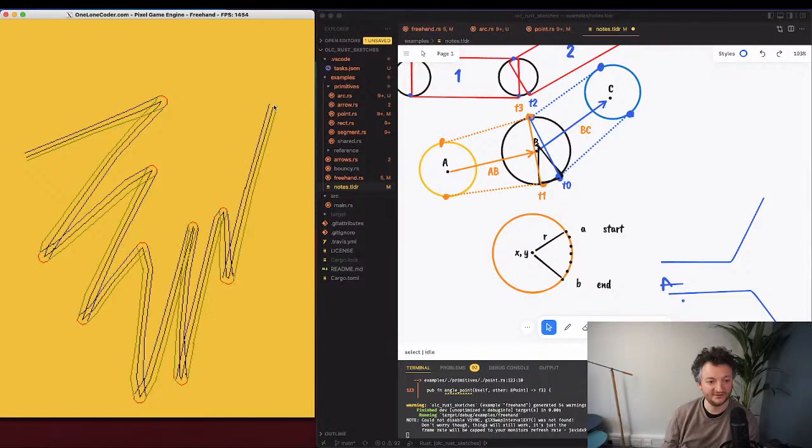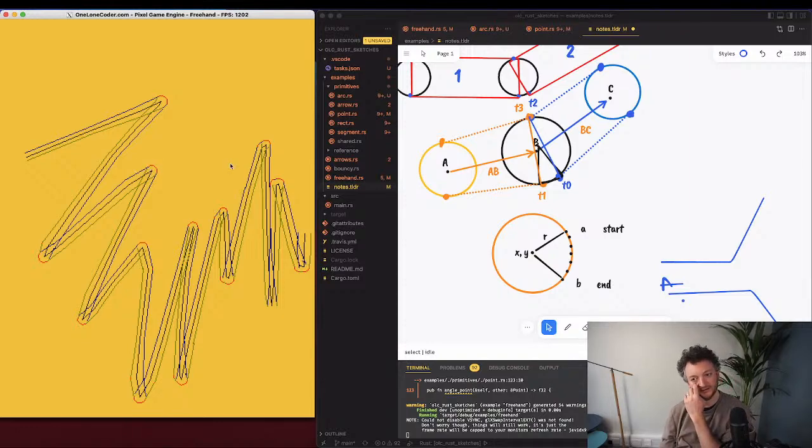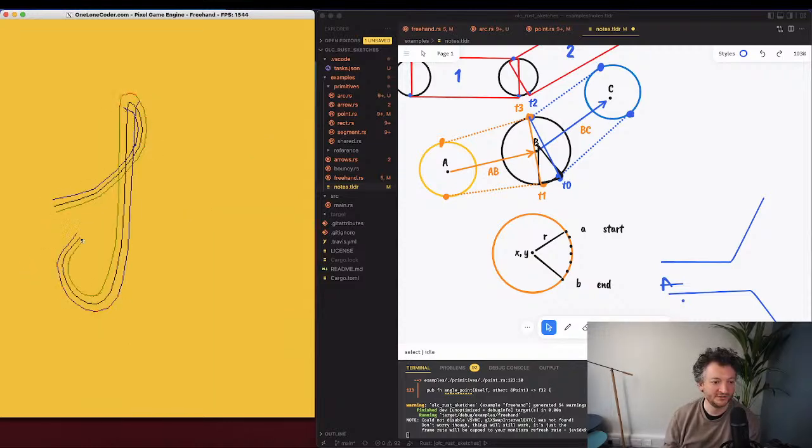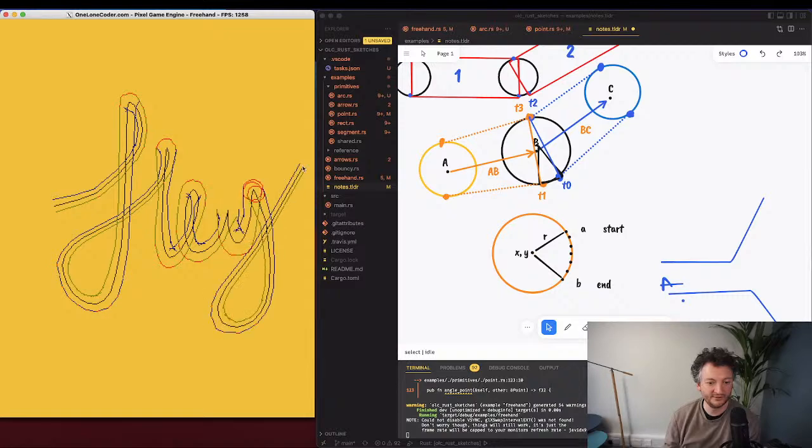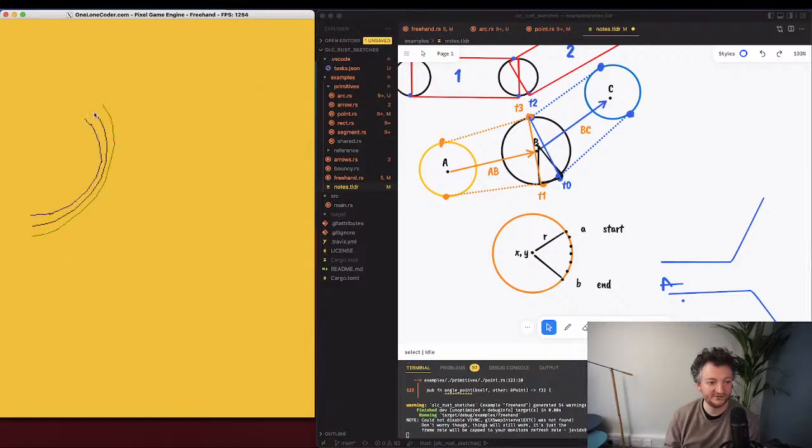Let's see if I can get it to do it again. But yeah, that looks like it's not exactly in line. I think it normally happens when you have a lot of points here. And so rather than having it in line with this curve, it's just jumping from that last point. You see it also here. So this is something I had to solve in Perfect Freehand, but we are not solving it here.